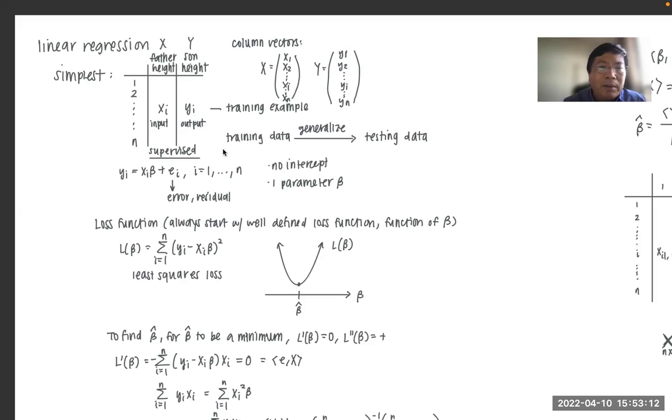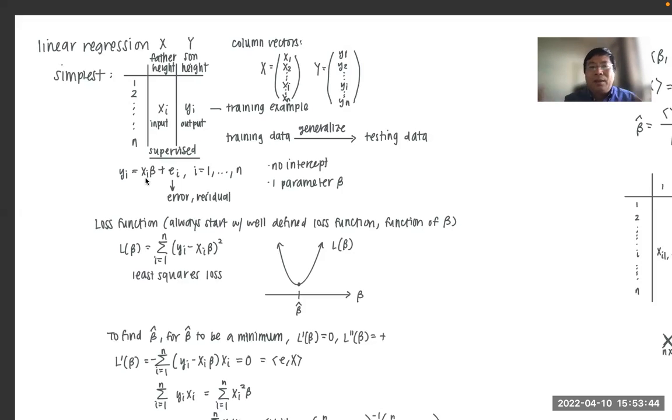And our model is like this. So for each example, we assume that yi is xi times beta plus ei. So ei is error or random fluctuation. So from this example, father's height and the son's height, suppose that we measure the father's height and the son's height based on how many deviations it is above or below the population average.